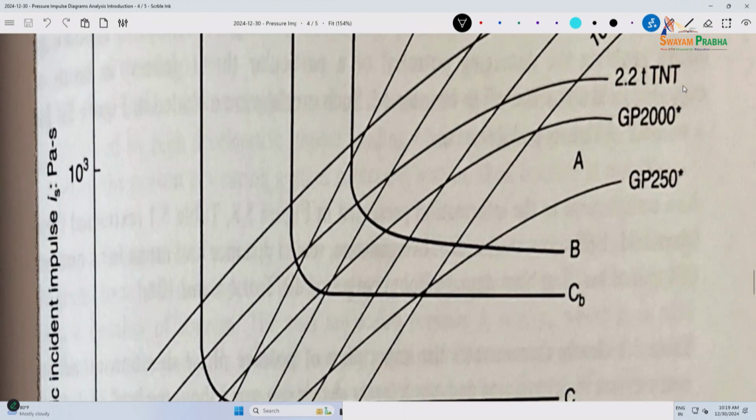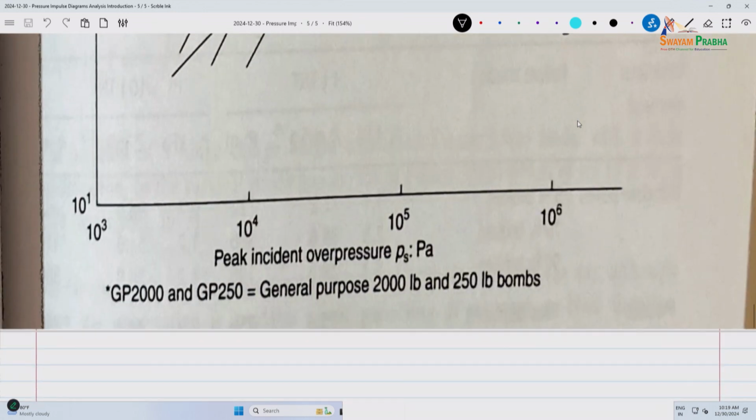If I had given a range equation, or maybe if I hadn't given, I can give you that equation. If you have a range equation, given a W, you can calculate the range over W^(1/3), the scaled distance Z, over pressure and then the range, and then you can plot it in this itself, and other interpretations are also possible.